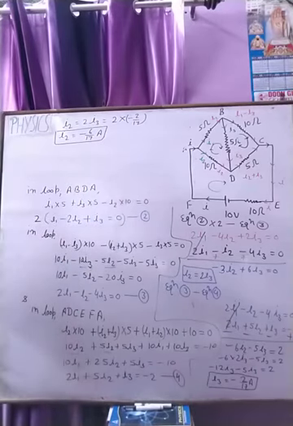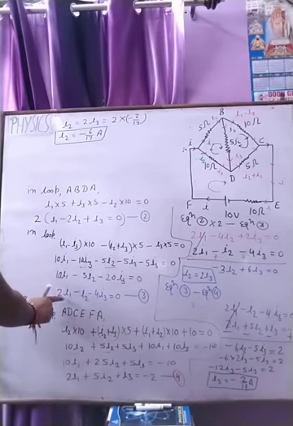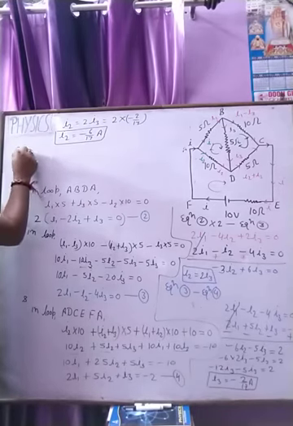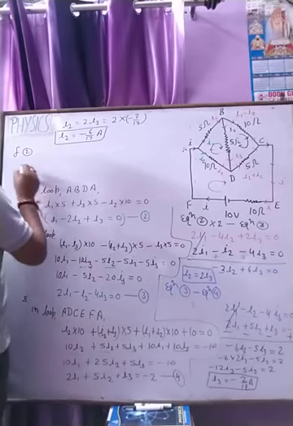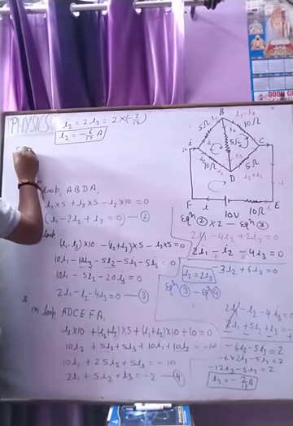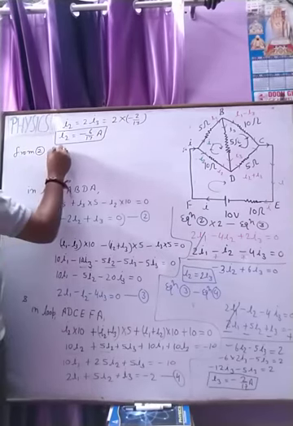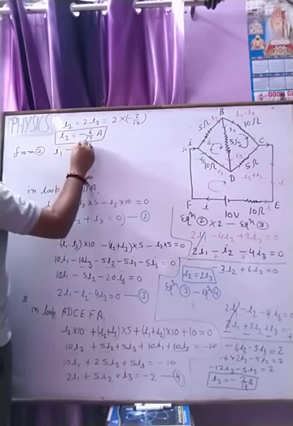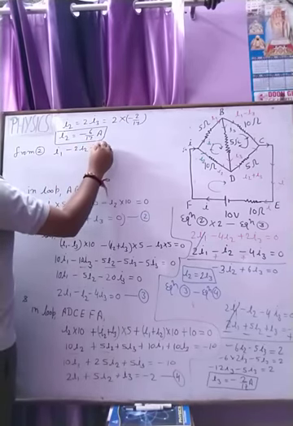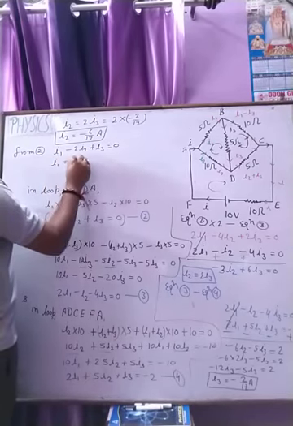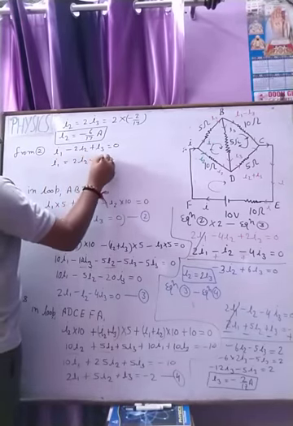Next, we calculate from equation second: I1 minus 2 I2 plus I3 equal to 0. Therefore I1 is equal to 2 I2 minus I3.